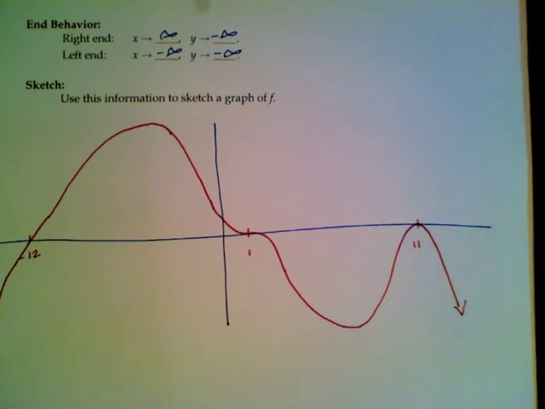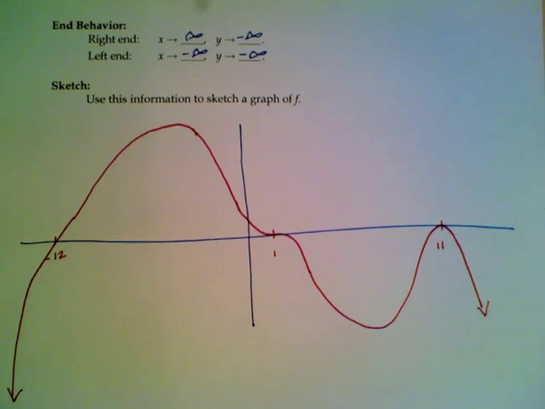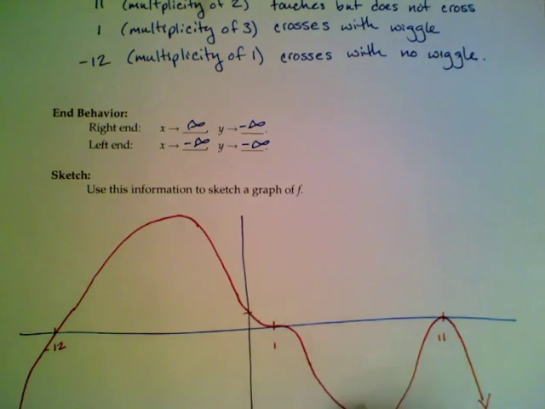And so this is what I am looking for when I ask you to sketch a graph of a polynomial function. It has the correct end behavior and it has the correct root behavior. That is mostly what I'm looking for. One other thing that we could say about this function that I'll call optional.